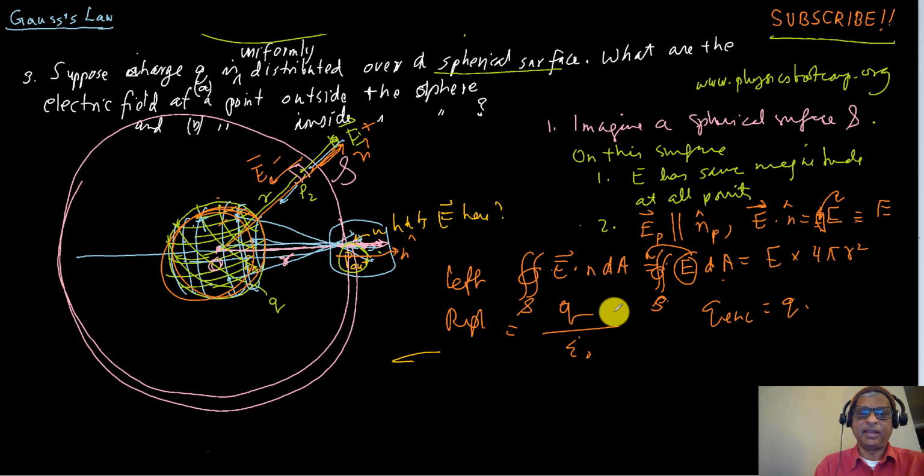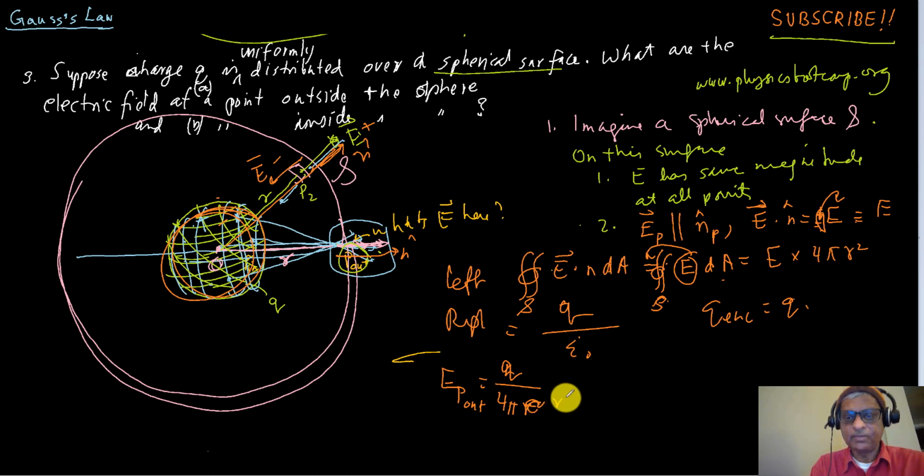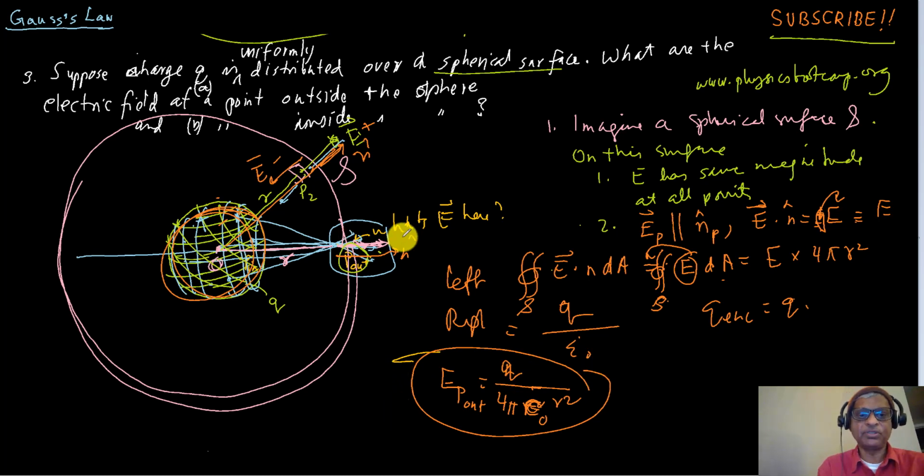Q. And so once again we get E at P out is Q over 4 pi epsilon naught r squared. So this is the magnitude, and of course the direction is, if I'm looking at here, from the center to that point outward, wherever we're looking.